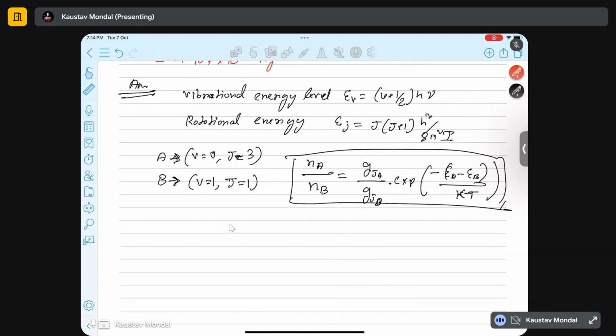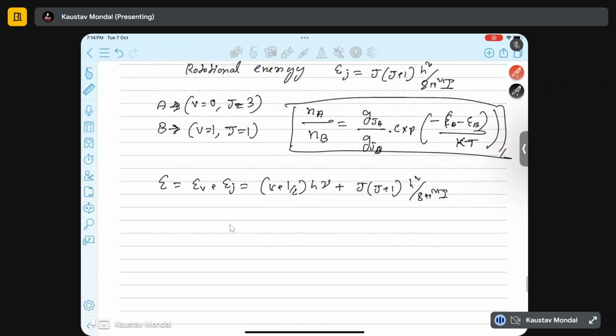The total energy E is basically E_v plus E_J, that is (v plus half) h nu plus J into (J plus 1) into h square by 8 pi square I. All of the other constants h, I, k, c, you already know, right? So first we do state A.